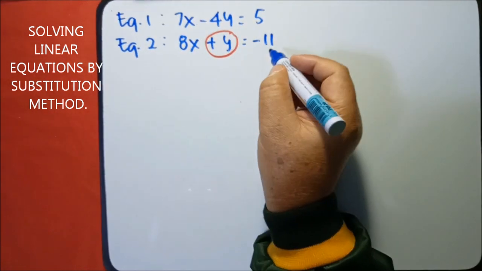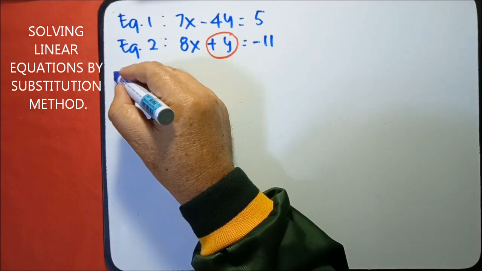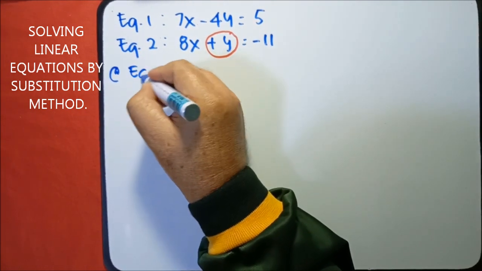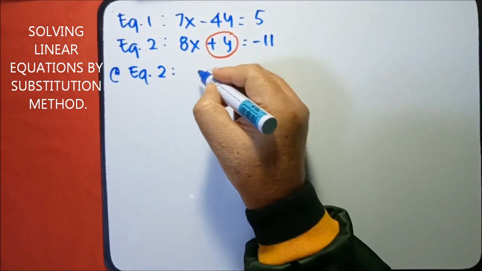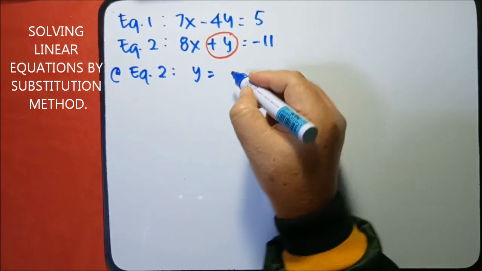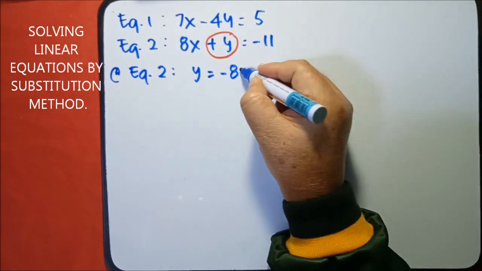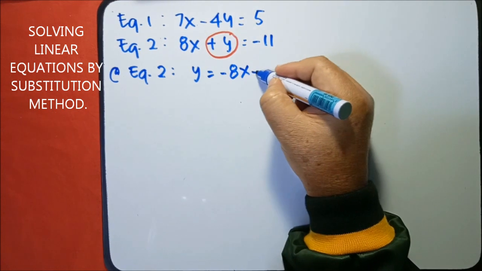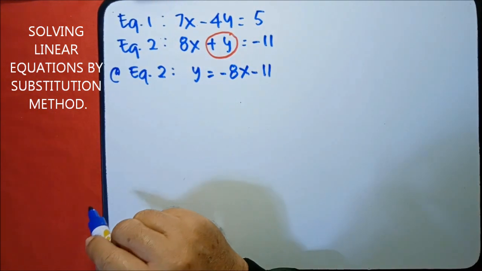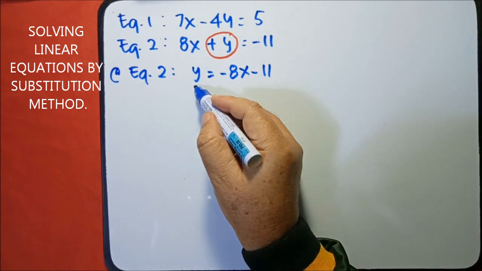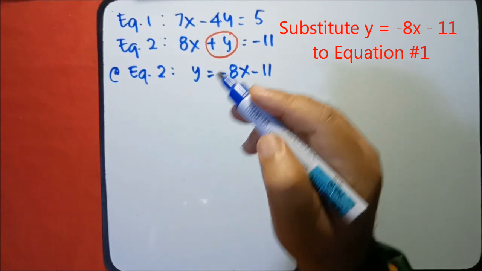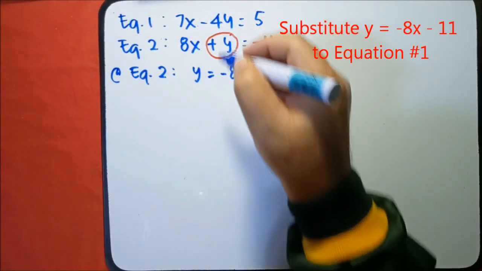Okay, what will you do? Transpose 8x to the other side of the equation. So, your equation 2 will become what? Only y will remain. Then, your 8x will become negative 8x minus 11. Now substitute this to equation number 1.